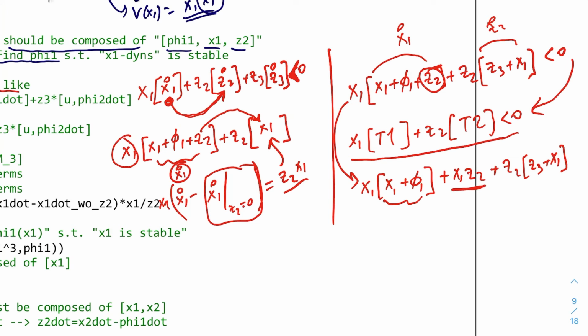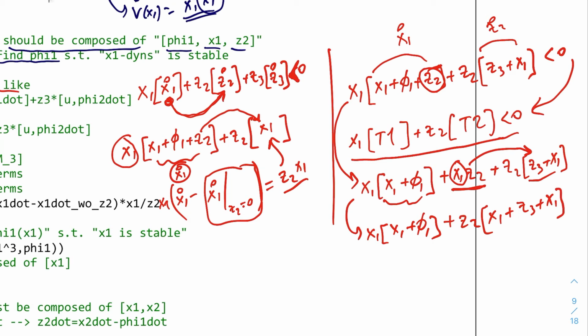So if you have that expression, just arrange it such that it is in z2 parentheses. Let's do that manipulation: z2, here x1, x1 plus z3. Let's write the same thing. Now it's okay.